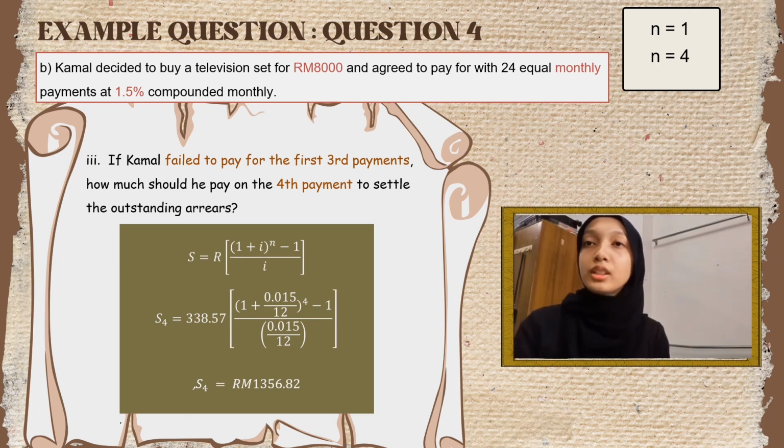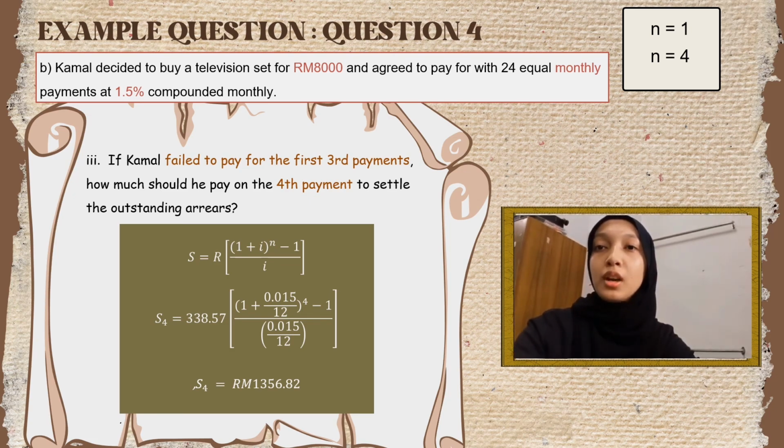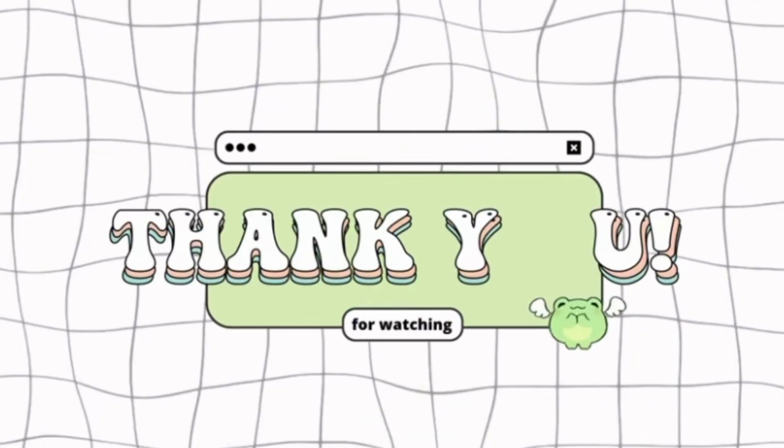So the calculation is 338.57 × [(1 + 0.015/12)^4 − 1] divided by 0.015/12. The final answer for this question is RM 1,356.82.